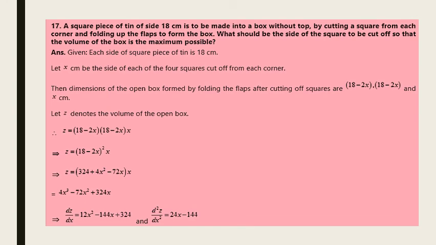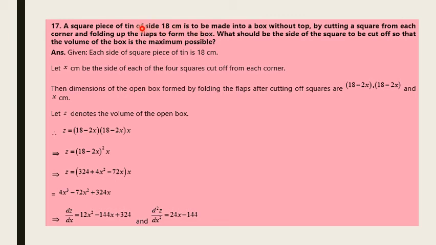Now question number 17, a different type, a practical oriented question. A square piece of tin of side 18 centimeter is to be made into a box without top by cutting a square from each corner and folding up the flaps to form the box.